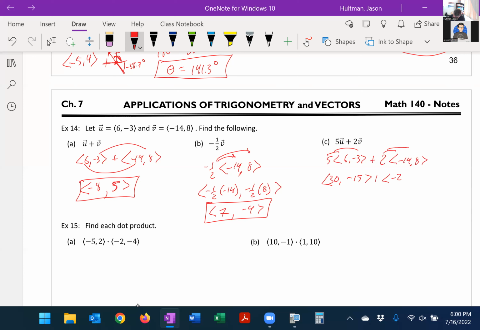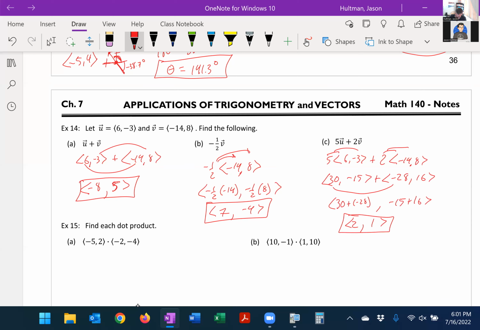That's negative 28 and 16. Adding the x components together, the first components, the a components, and if you like, 30 plus negative 28 and negative 15 plus 16, we end up with 2 and 1. Kind of nice.